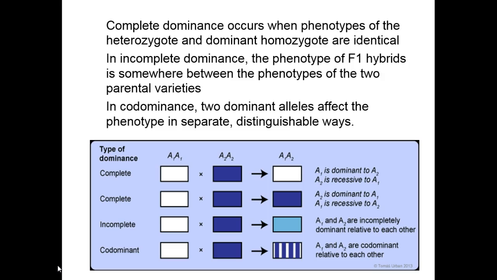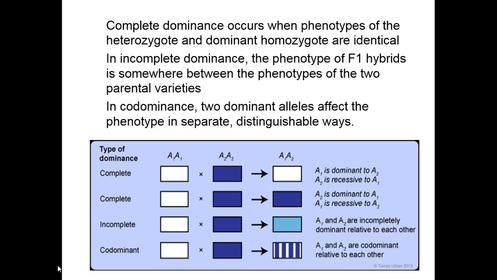With incomplete dominance, what you have is something closer to the blending theory, but it still isn't blending because you're still going to have those separate alleles. So with incomplete dominance, the phenotype of F1 hybrids is somewhere between the phenotypes of the two parent varieties.